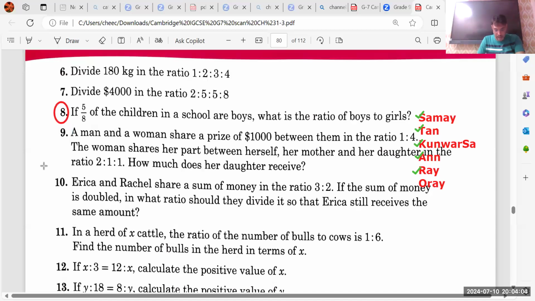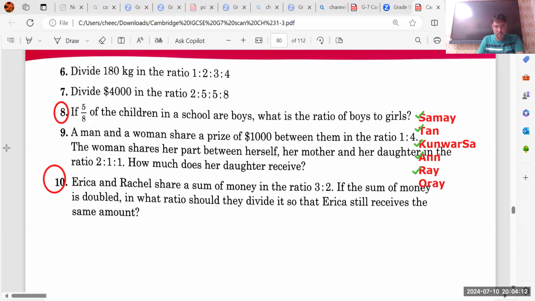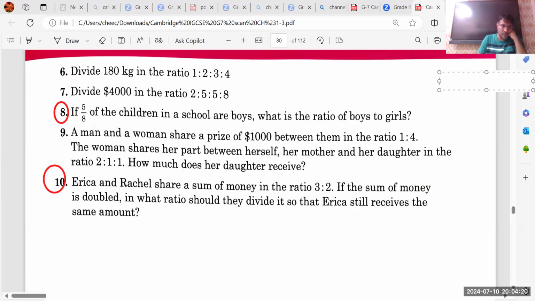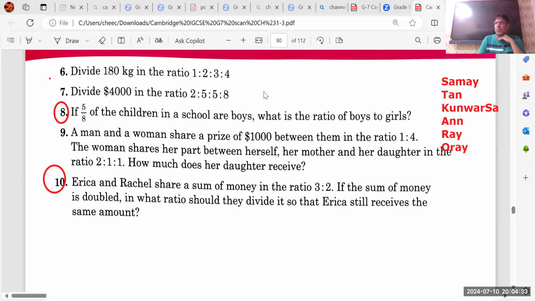So, do 8th and 10th question together. Kumarsa, both questions together, beta, please.